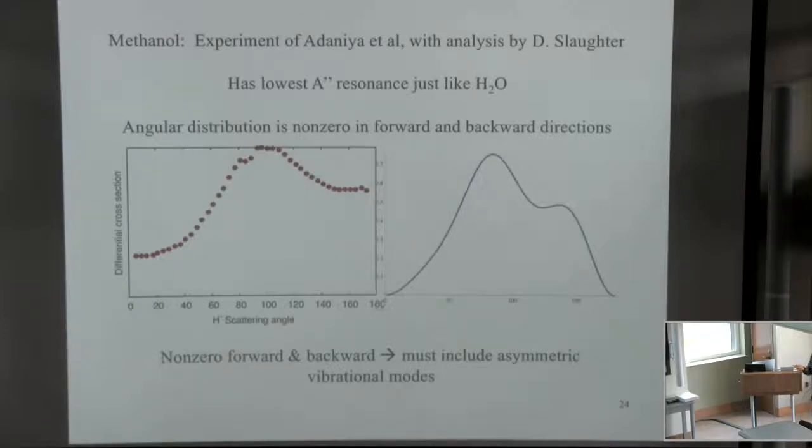That's a consequence of there being a node in the plane of the molecule. However, as you can see here, the experiment is non-zero in forward and backwards directions. So this indicates that in order to reproduce the experiment, we have to include the asymmetric vibrational modes, those that break Cs symmetry.